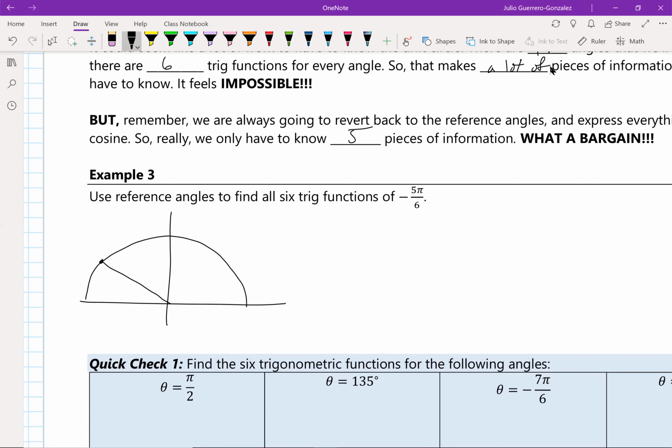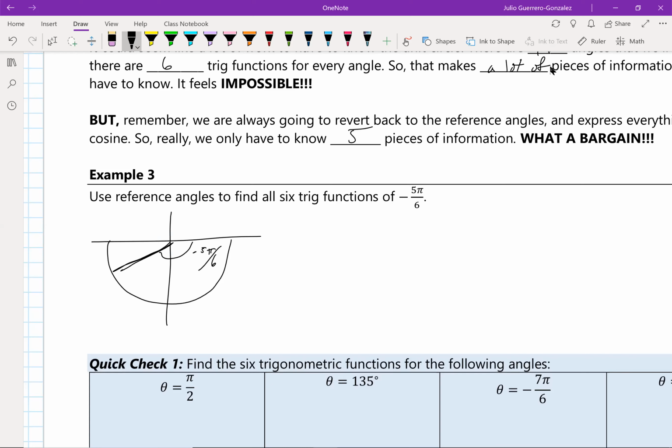Whoops, wrong direction. Negative 5 pi over 6 is about right here.